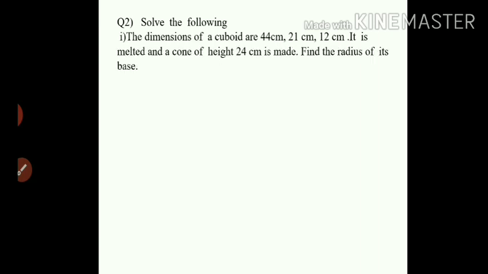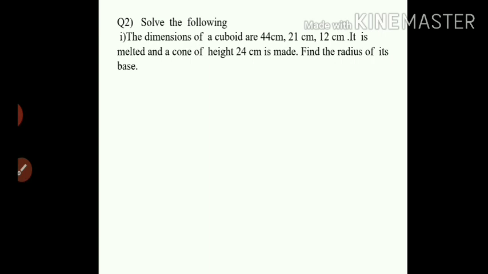Now we'll move on to next main question, that is solve the following. In that first one, see what is given. The dimensions of a cuboid are 44 centimeter, 21 centimeter and 12 centimeter.